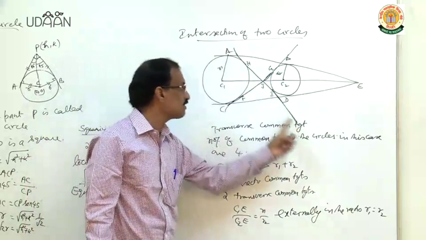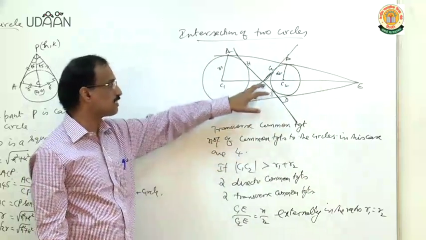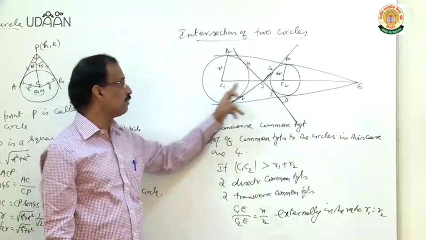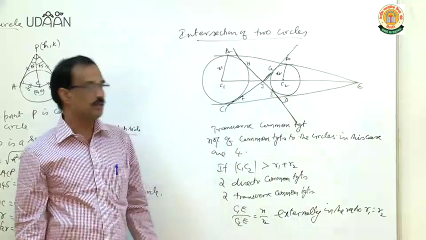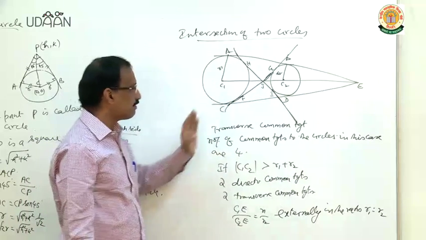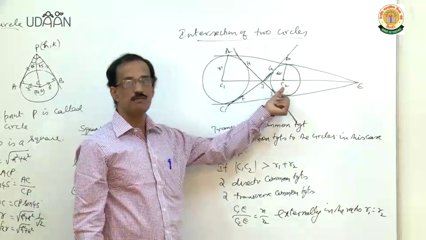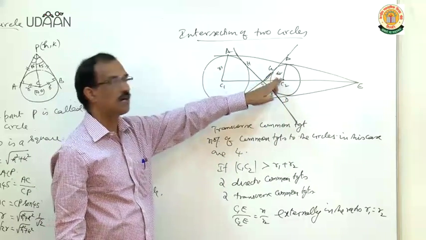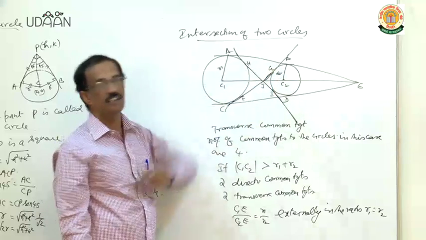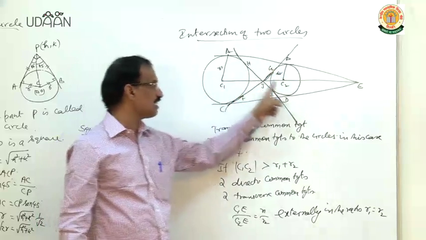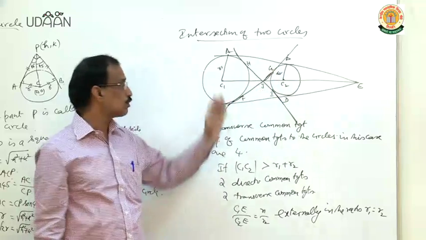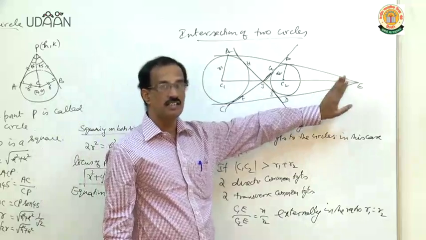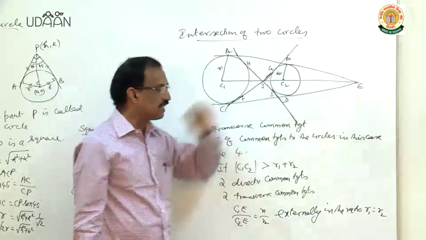Similarly, this transverse common tangent also intersects, and that also comes on the same line, that is C1, J, C2 is a line. So this point J divides the line segment joining C1 and C2 in the ratio R1 is to R2 internally, that is, point J is inside the line segment C1, C2, so it divides internally, but the direct common tangent meets outside, so that is dividing externally.